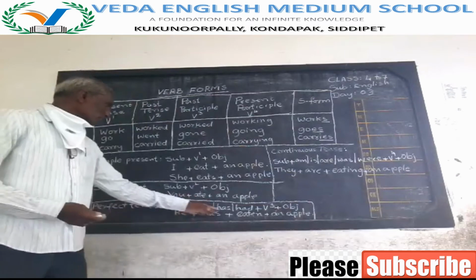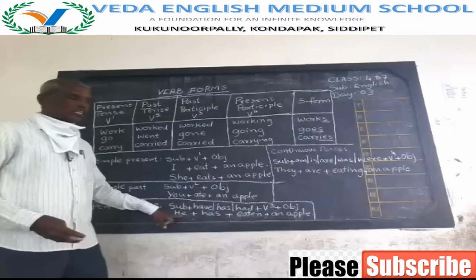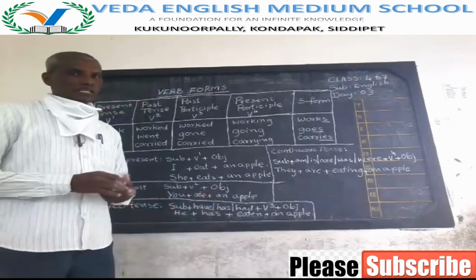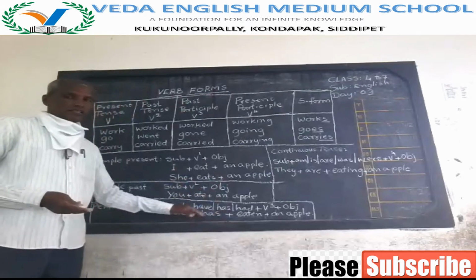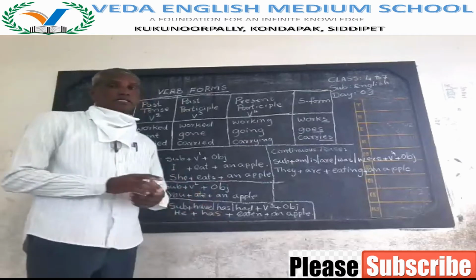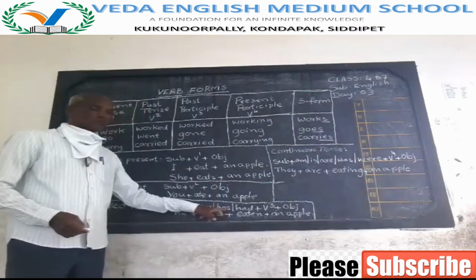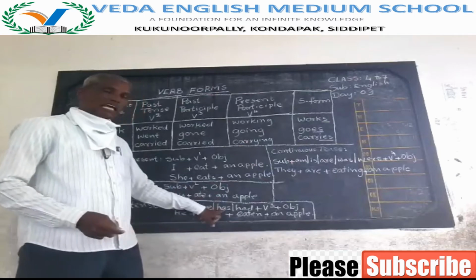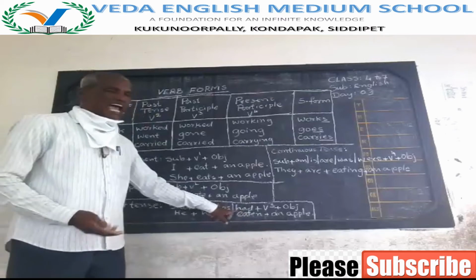If you use have, we are using has because it is a third person. For third person singular, we use has in the present perfect tense. Whereas for other persons, first person, second person, and also third person plural, we use have. But in the past perfect tense, we use had for everything.